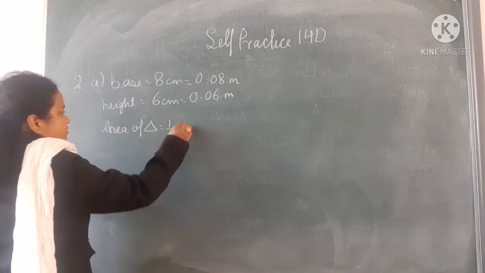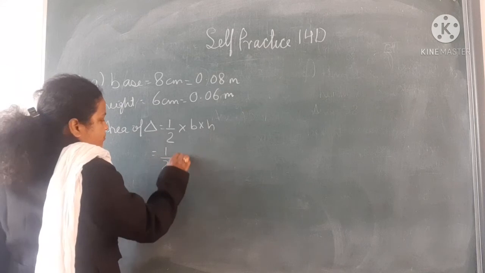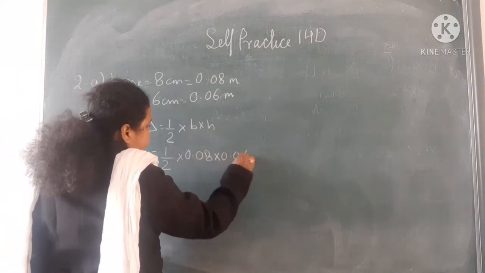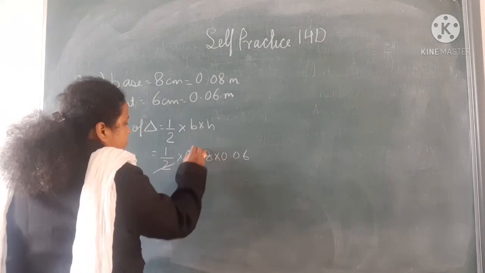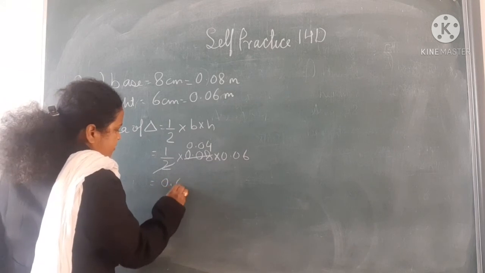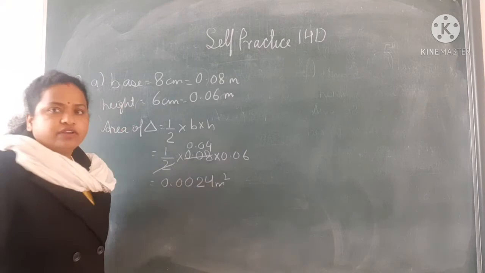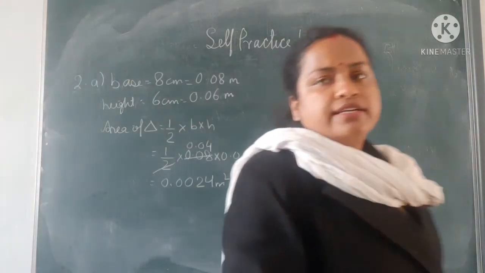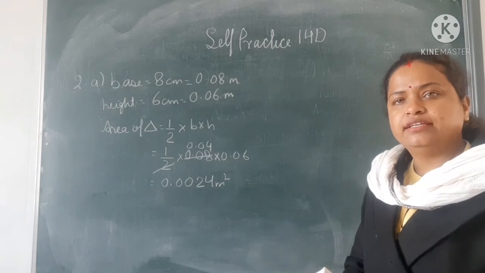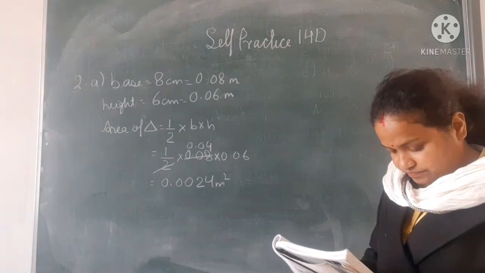Half into base into height, which is equal to half into 0.08 into 0.06, which is 0.04 meter square. So what will be your answer? 0.0024 meter square. Okay, this much height, this much area you will get.